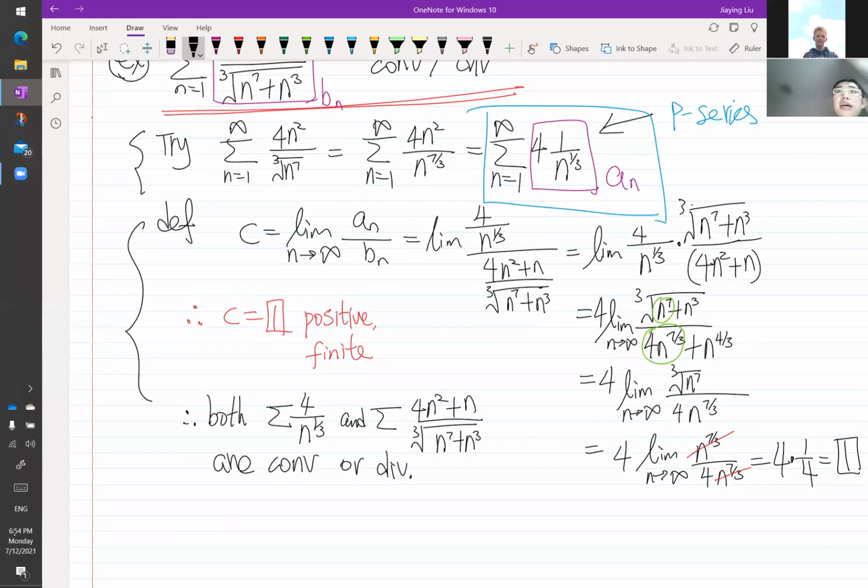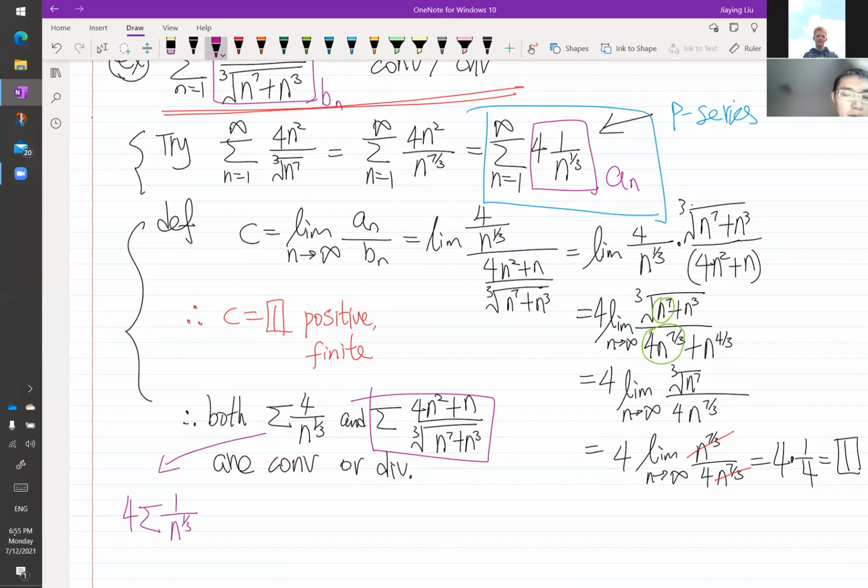And then the next step is what Aiden said. Since both of them behave the same way, we have to know whether they are convergent or divergent. The one that I'm interested in, I can't find the convergence directly, right? If I could, I wouldn't go through all the trouble. So let's focus on the one that's easier. This series, I'm going to bring outside 1/n to the 1/3.